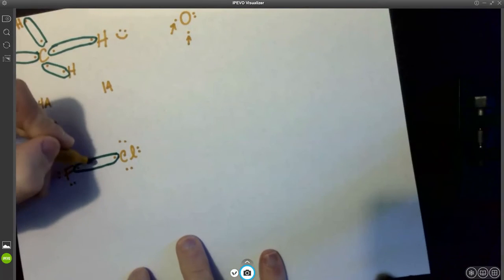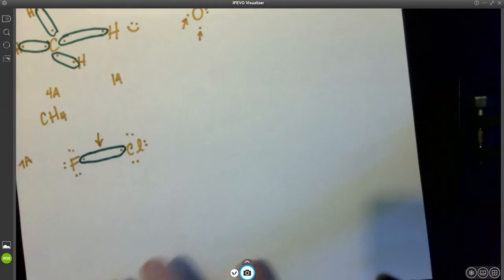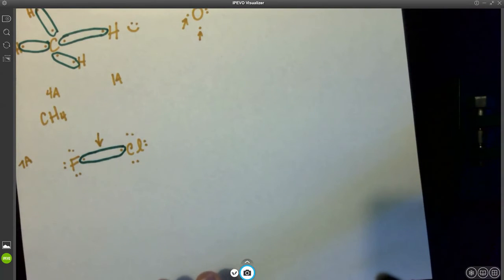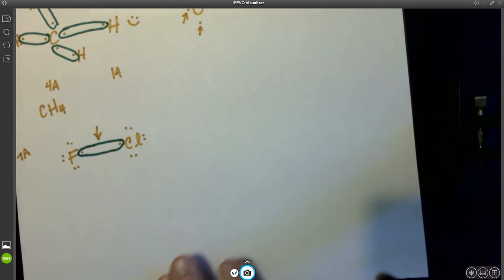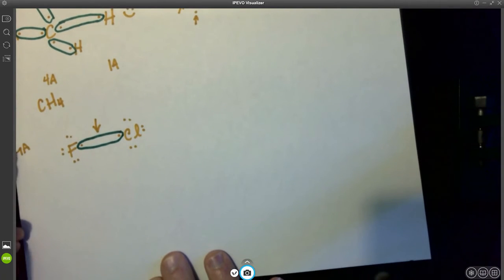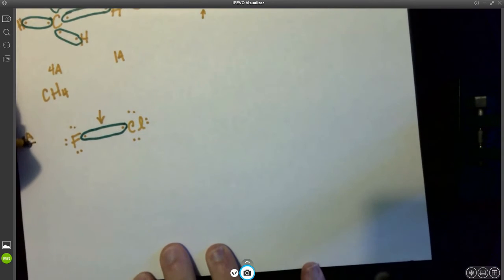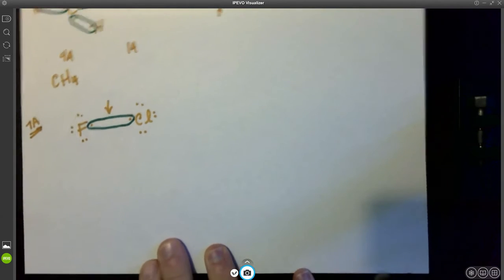Again, we call this a single covalent bond. Anytime two electrons are being shared, that's one covalent bond. Notice actually, because of the way that we wrote this, really anything from 7A is just looking to make one covalent bond.